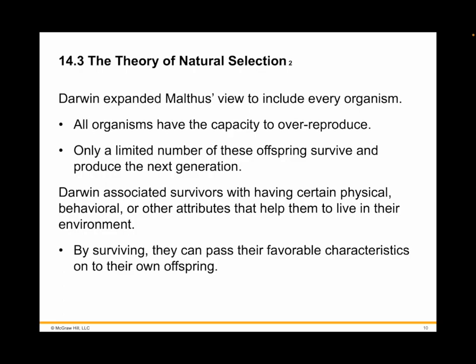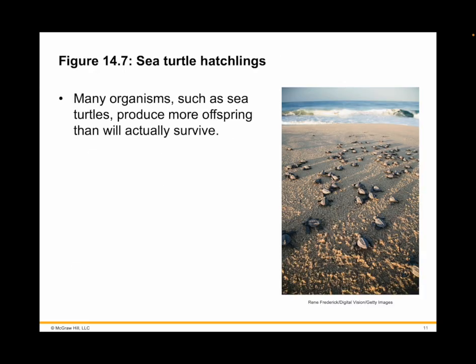Darwin called this process natural selection. By surviving, they gain the opportunity to pass on their favorable characteristics to their offspring. As the frequency of these characteristics increases in the population, the nature of the population as a whole will gradually change, or evolve.